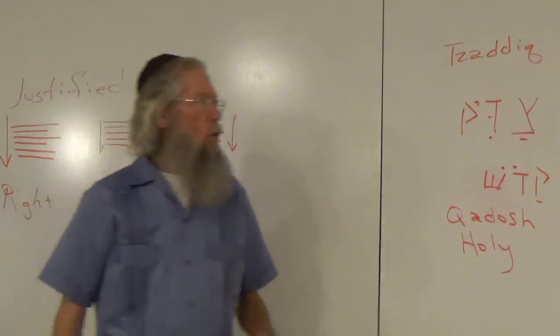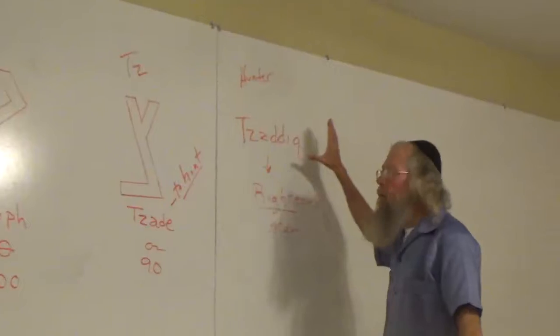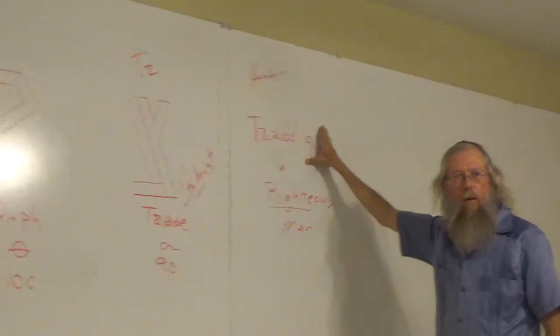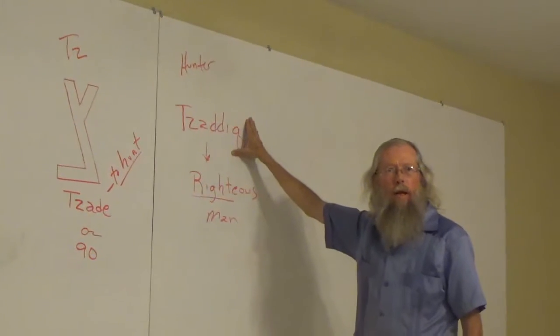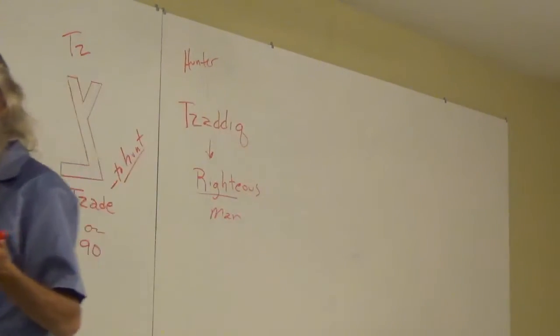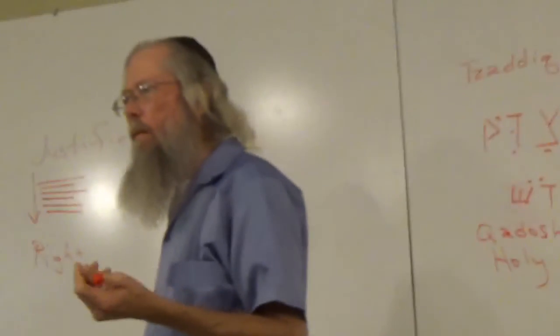Saying what? You take a man and you make him holy. You take a man and you make him holy. This is why a righteous man is also called a holy man. A holy man.